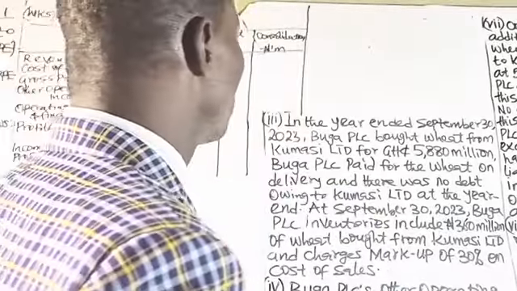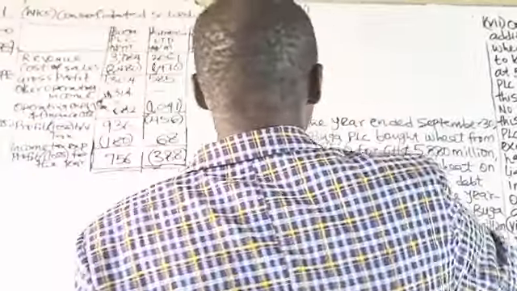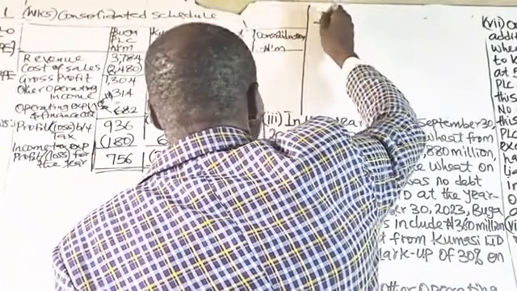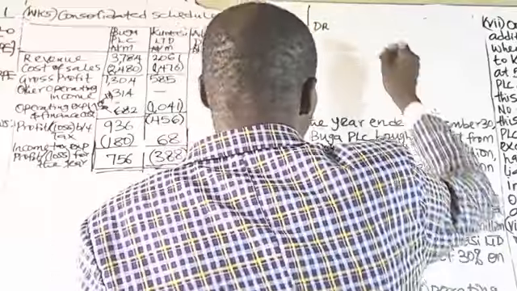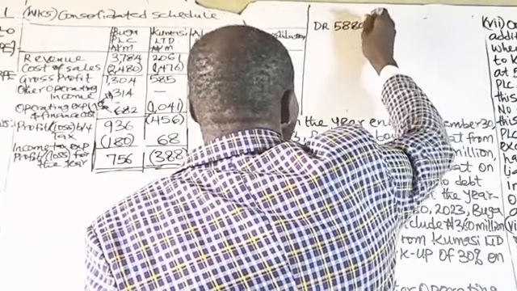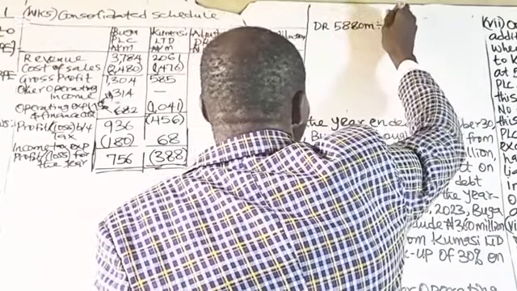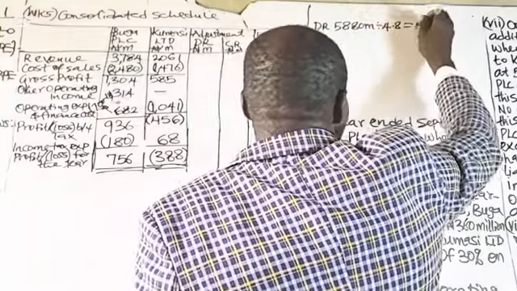This is intergroup trading. So for intergroup trading, we said we should debit revenue. The average rate is 4.8, so we want to translate it to Naira.